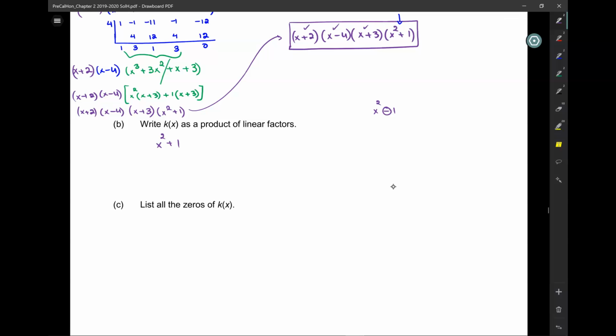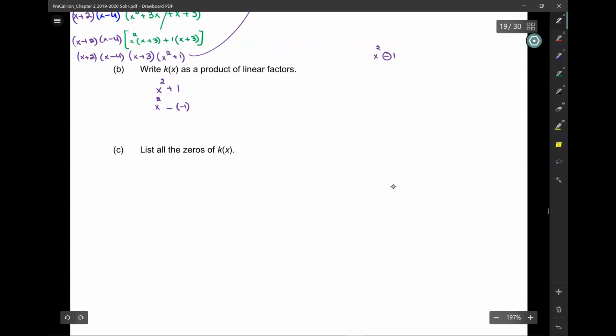Okay. What if I can rewrite this as x squared minus something? X squared minus what would be the same as x squared plus 1? Negative 1. Yes. Now, how do I factor this one here?